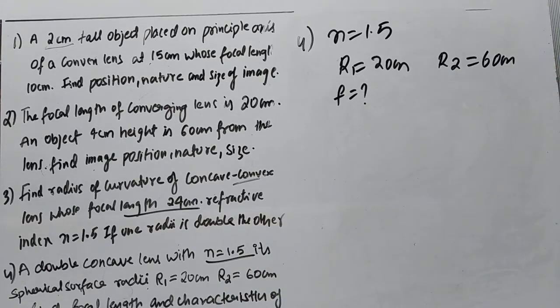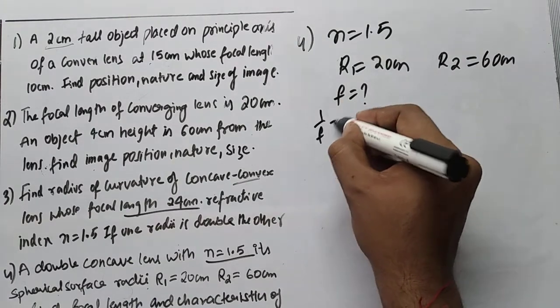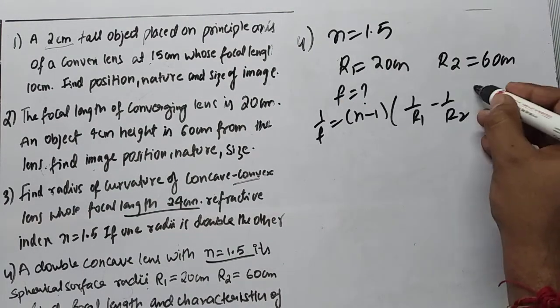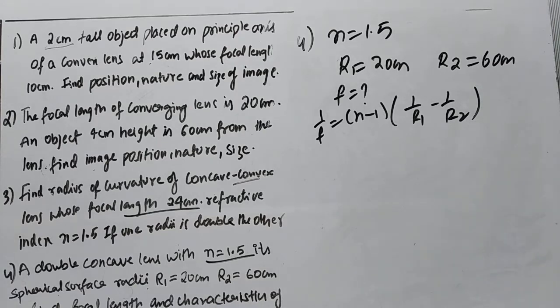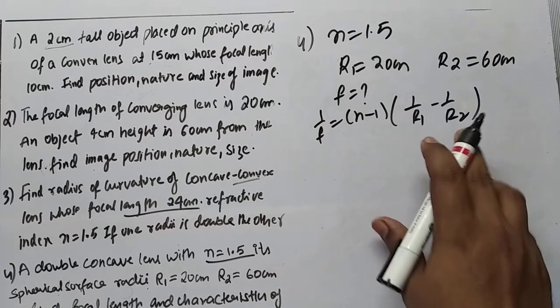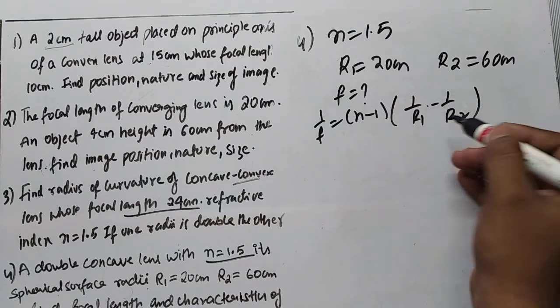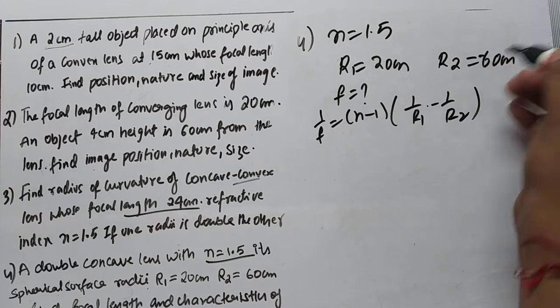It's simple. We know the formula is 1 by f is equal to (n minus 1) times (1 by R1 minus 1 by R2). Whenever it is a convex lens, one of the values will be positive, so in a convex lens we'll substitute the second R as a positive. So this will be minus 60, and R1 will be 20.